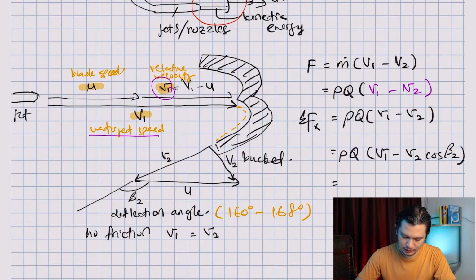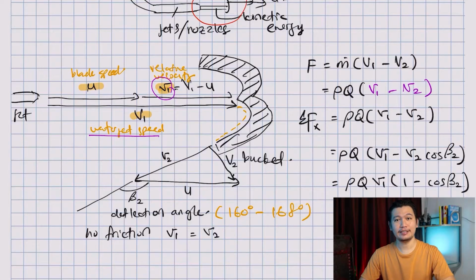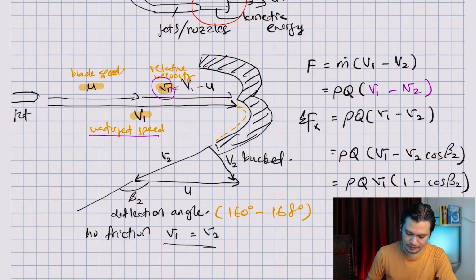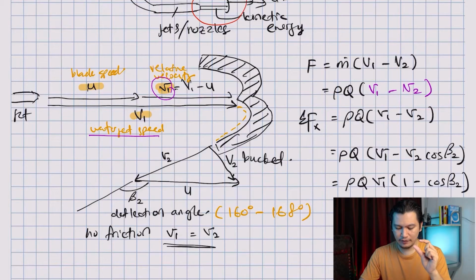If I replace it here, that's going to be rho Q v1 (1 minus cos beta 2). Does that make sense? Simply replace v2 with v1 because our assumption is that the blade has no friction. So this applies.